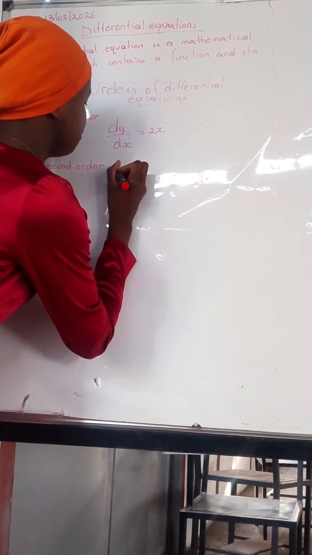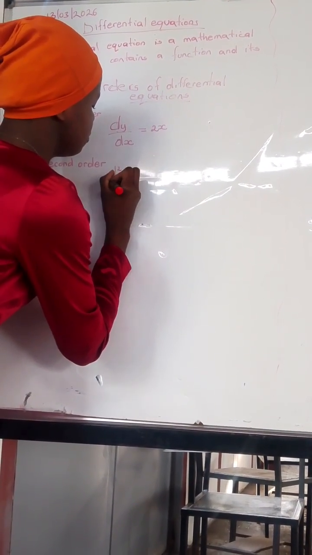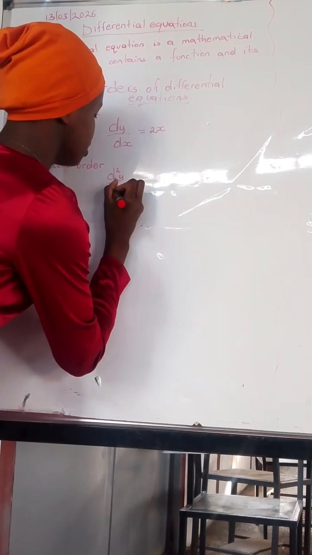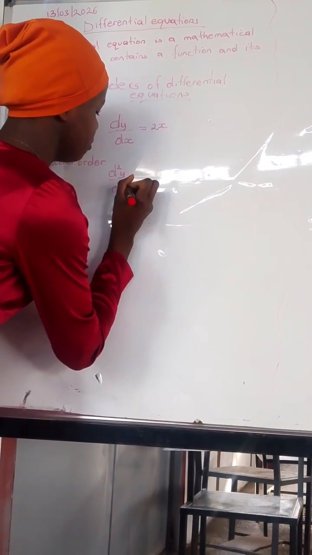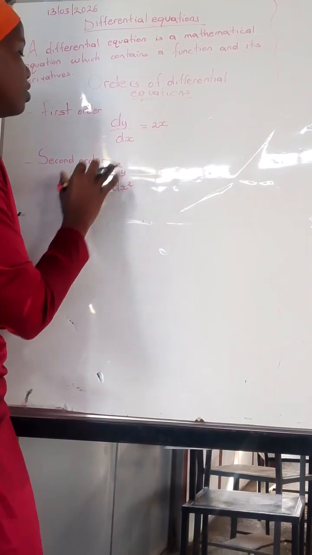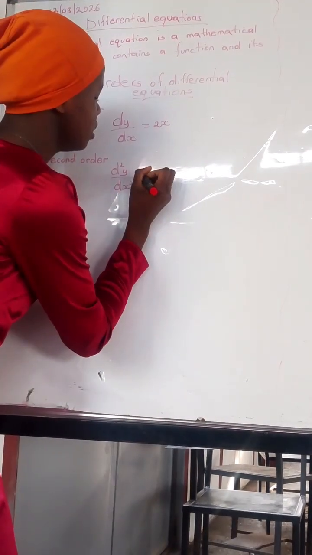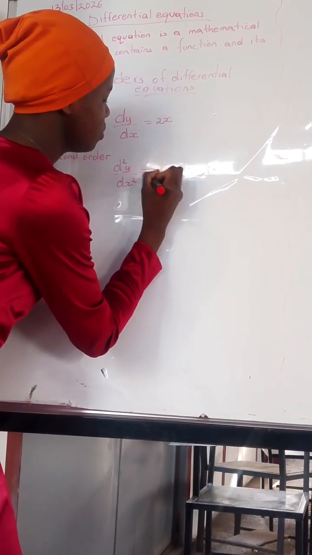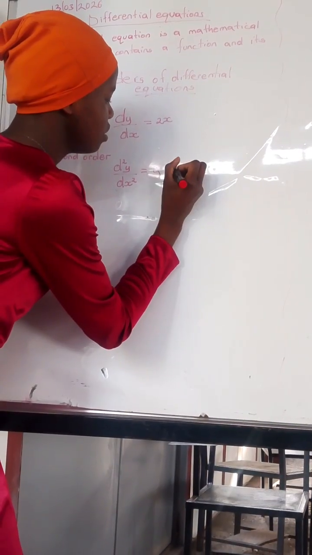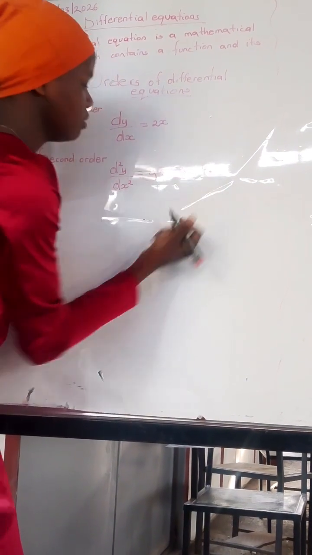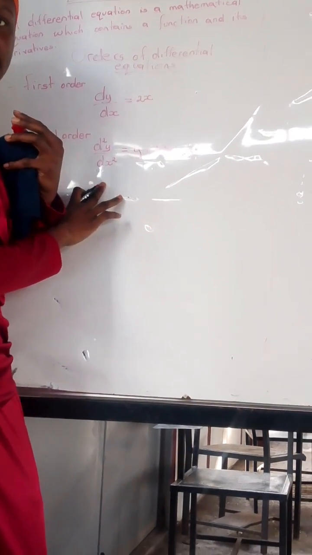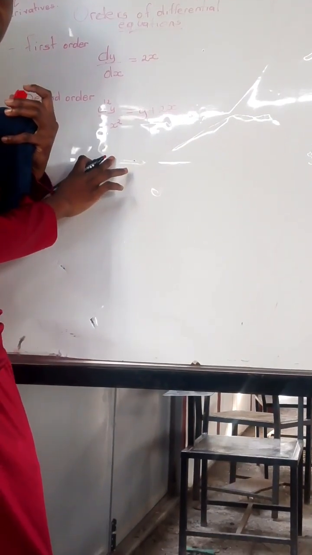These have a derivative of the second degree. For example, if we have d²y/dx² equaling y plus 2x, this is a second order differential equation.